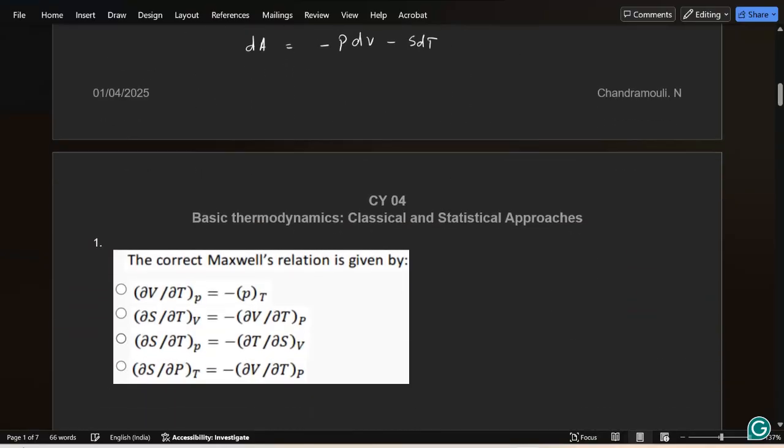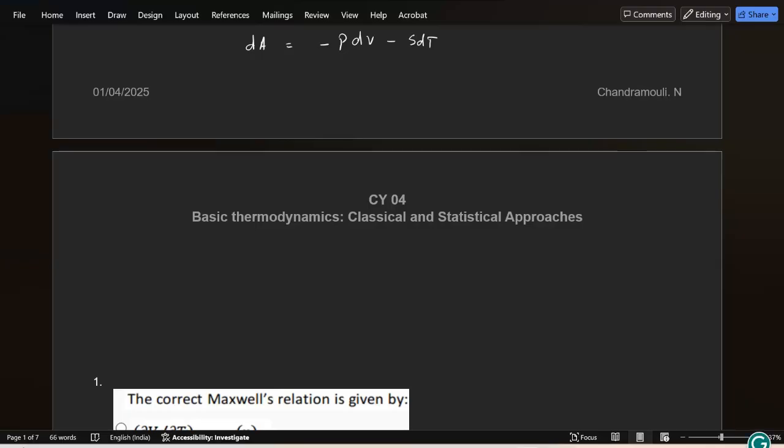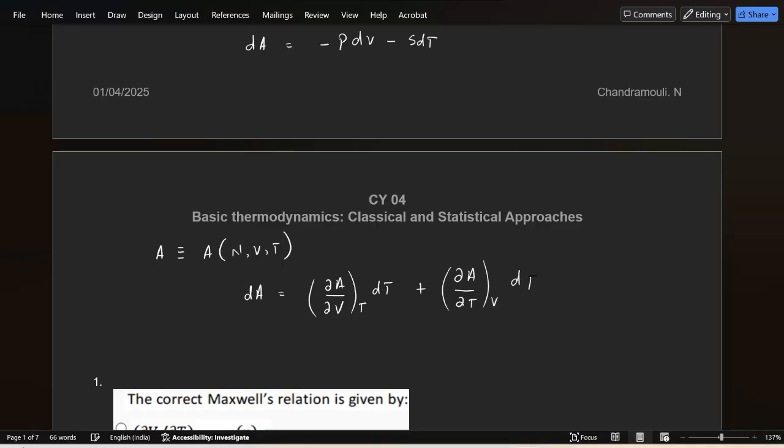So now we'll go below. Helmholtz free energy has natural variables N, V, T. Therefore, we can write dA as (dA by dV at constant temperature) dV plus (dA by dT at constant volume) dT. Sorry, this is dV here.